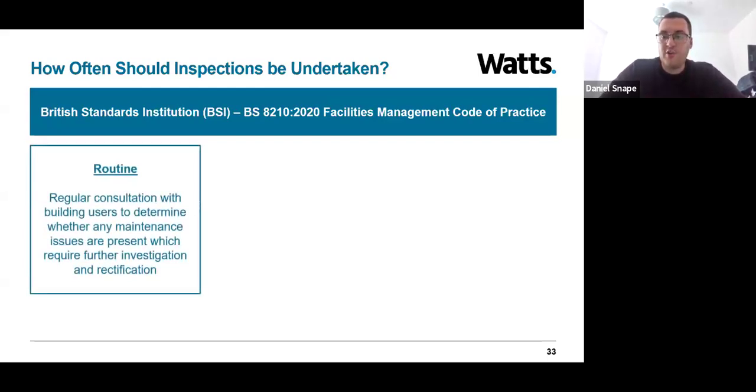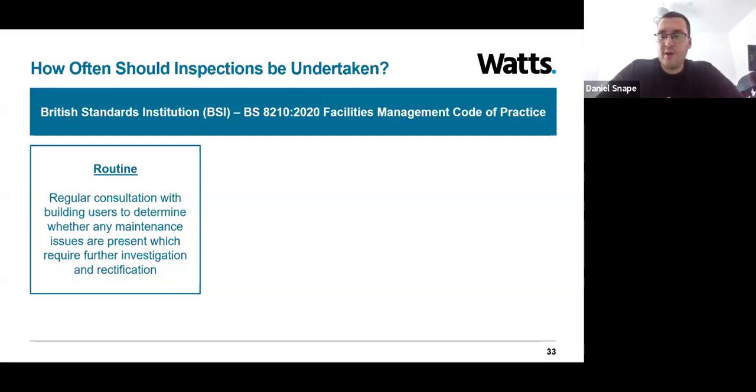Firstly, routine inspections. Routine inspections by a building management team should be undertaken throughout the annual period to determine whether specialist inspections are required. This approach, just by taking routine visual checks over your building's facade, can help identify defects as early as possible, and it can allow for intervention before more serious issues arise.